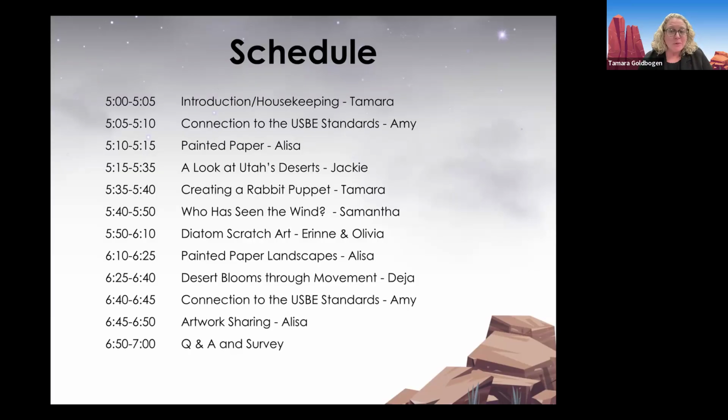Samantha will be leading us in a music workshop. Erin and Olivia will be leading us in a diatom scratch art activity. And then we'll check back in with Elisa for more of this visual art painted paper landscape activity. Then Deja will be doing a movement activity. And then we'll finish off by checking back in to making connections with the USB-E standards.